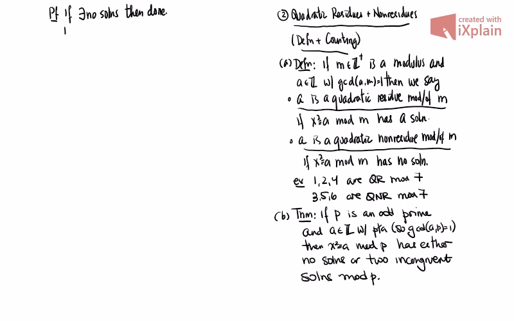Obviously, right? Then suppose you have one solution. So if x is a solution to x squared is congruent to a mod p, then the claim is that negative x is also a solution. But more than that, negative x is a different solution.